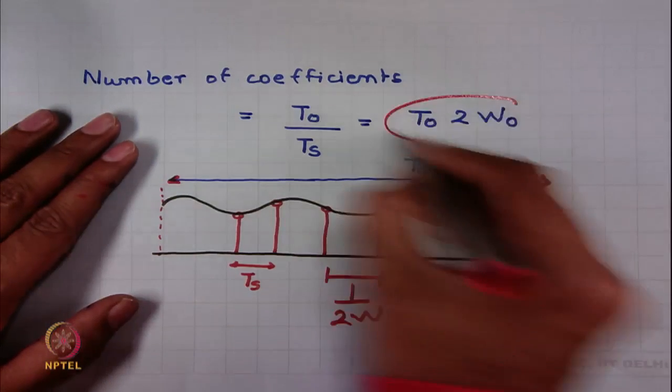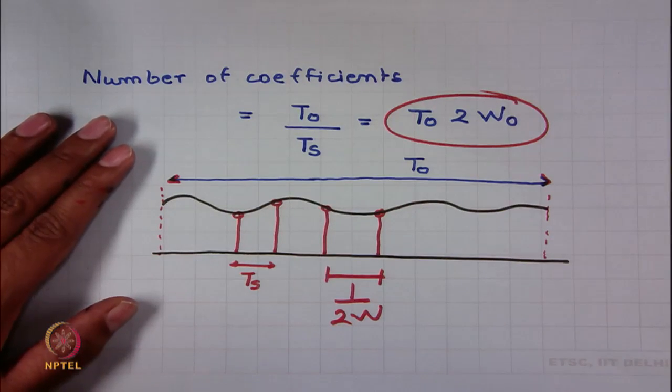So, this is typically the degree of freedom of a signal.